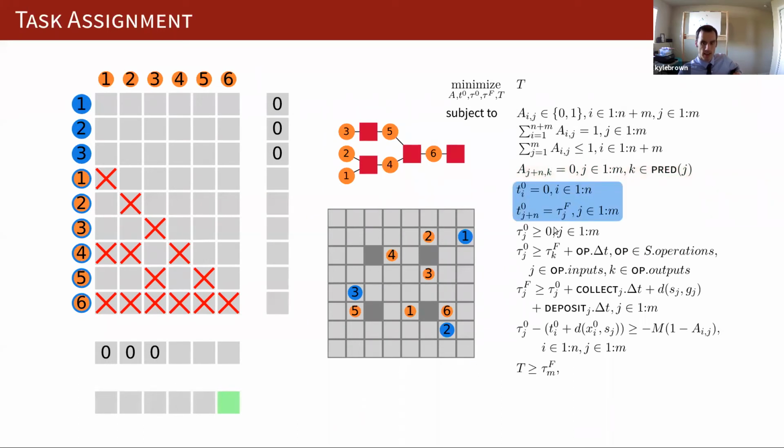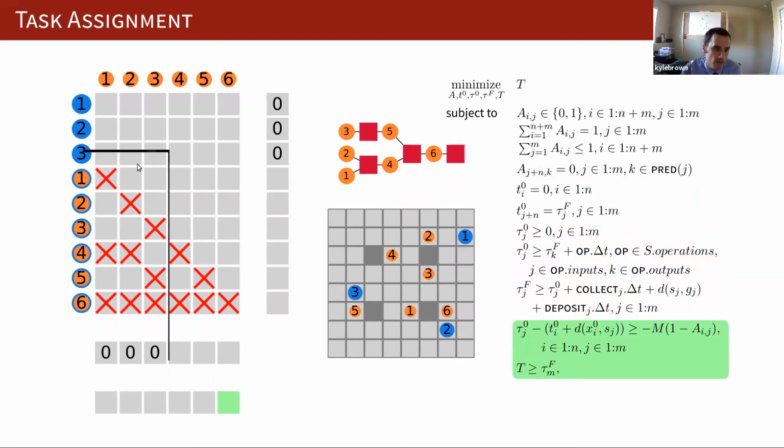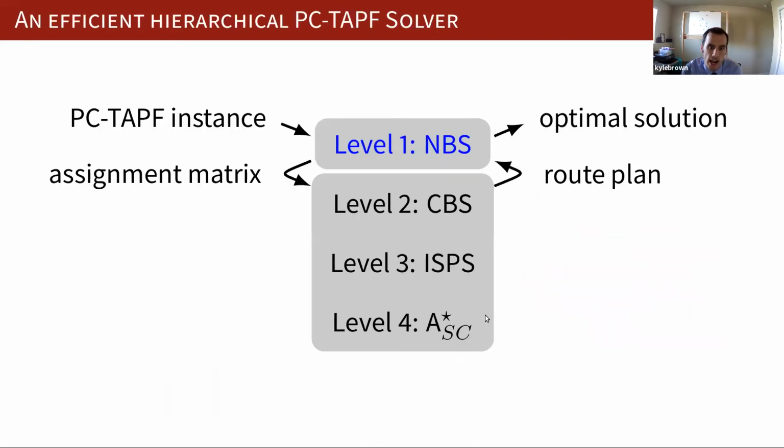These constraints define the initial times of the robots and dummy robots. These are the constraints that make sure that no task can begin until its predecessors have been completed. And then these constraints define the makespan and the delivery times of the robots. So we can solve this problem, and we have an optimistic task assignment, which optimally solves this task assignment subproblem if we assume that robots can't collide.